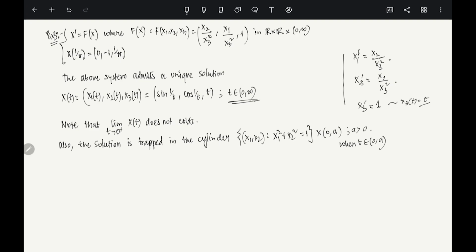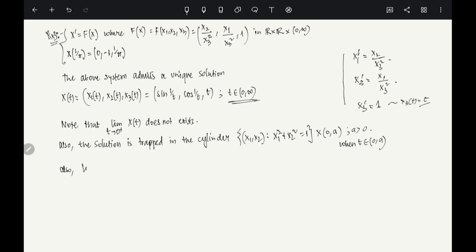Yes, and as t tends to 0 plus, you see, the solution does not blow up. That's one important thing. Yes, it does not exist, but the solution also does not blow up. So basically it is trapped inside a bounded domain, right?